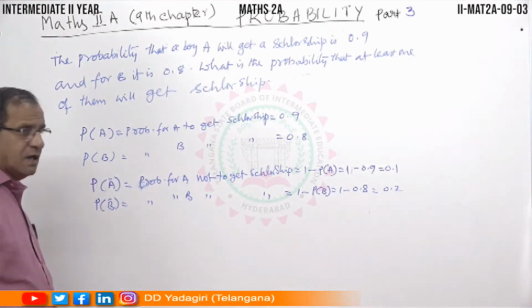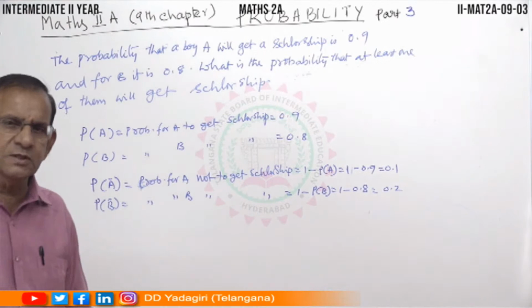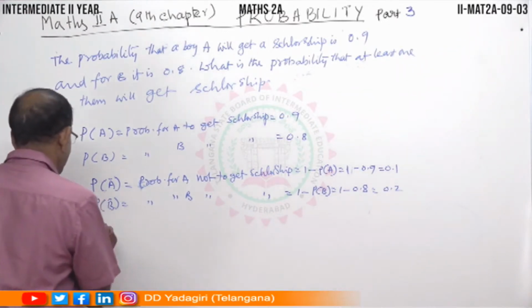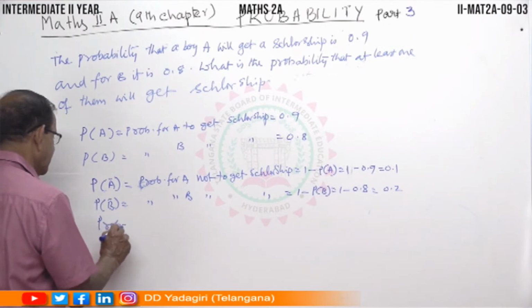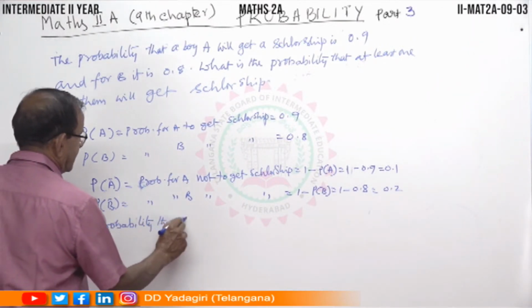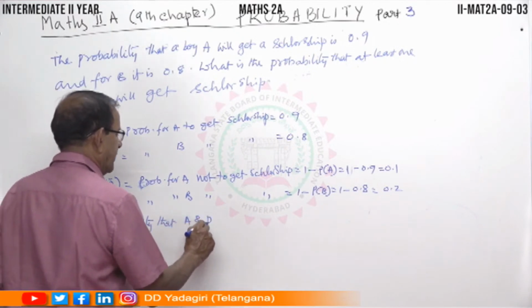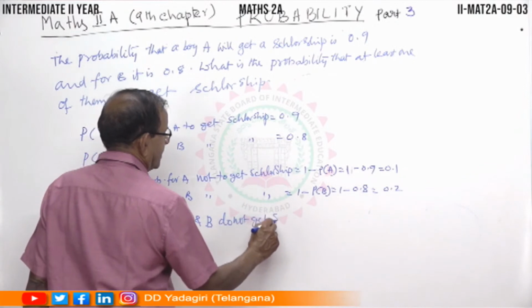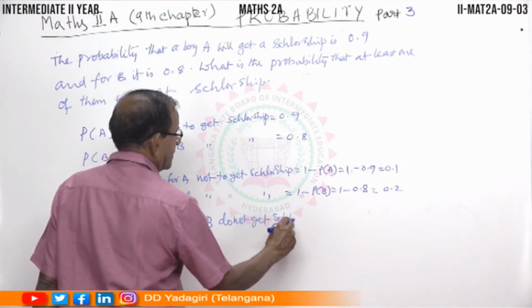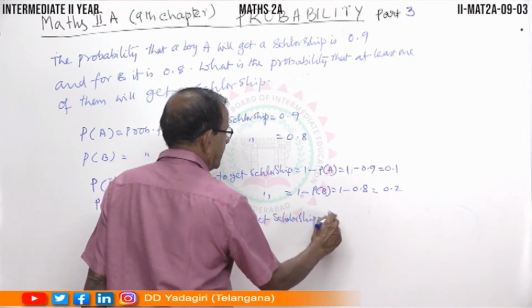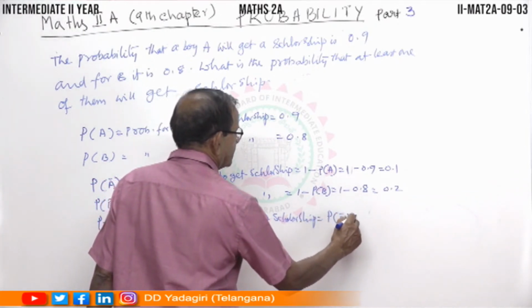Now, let us find out the probability for both A and B do not get the scholarship. Probability that A and B do not get scholarship is equal to P of A bar intersection B bar.